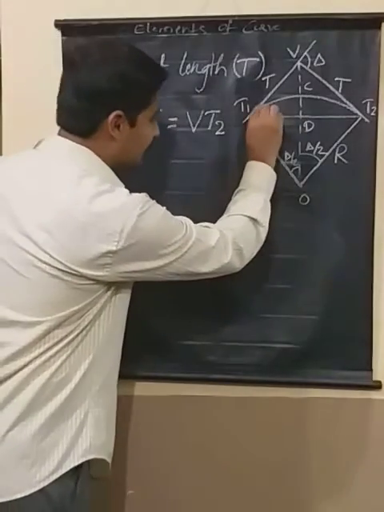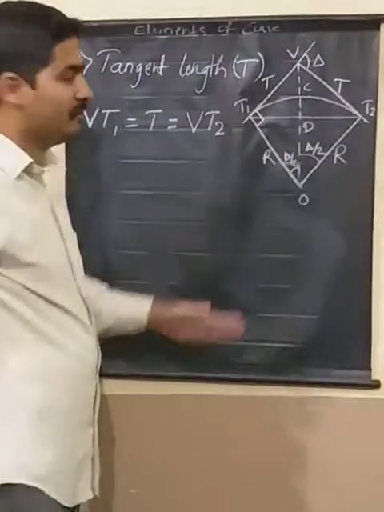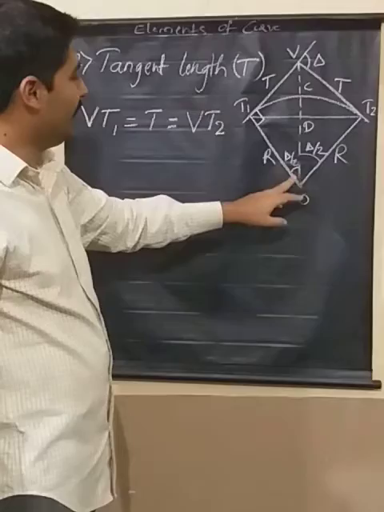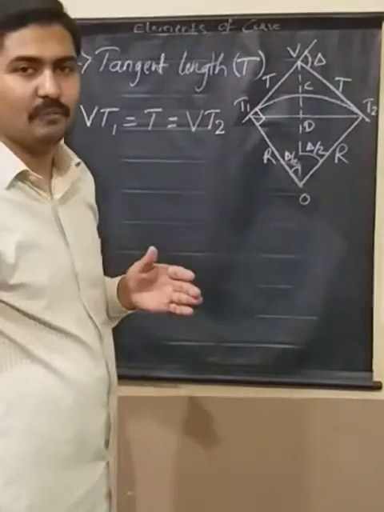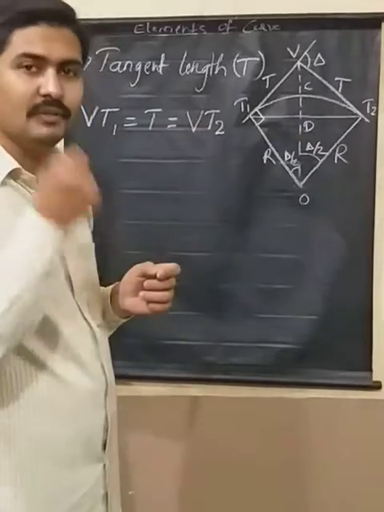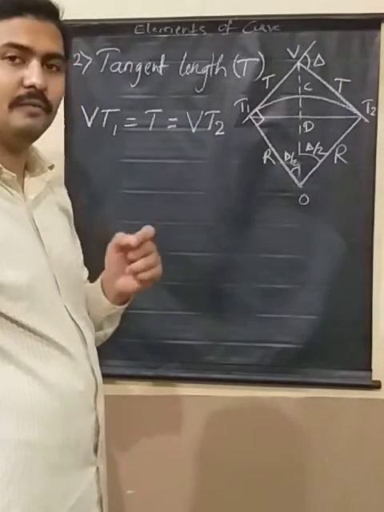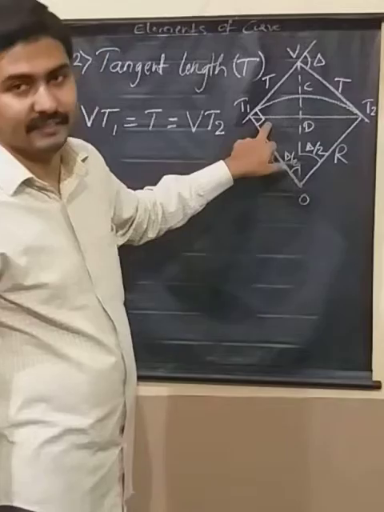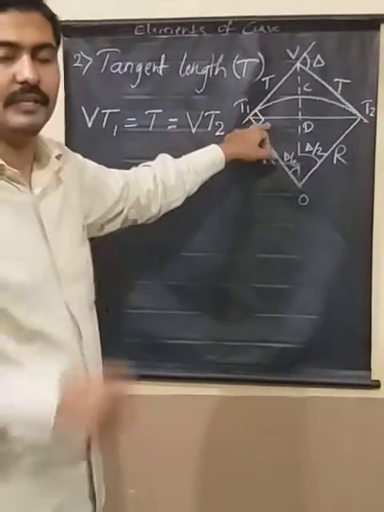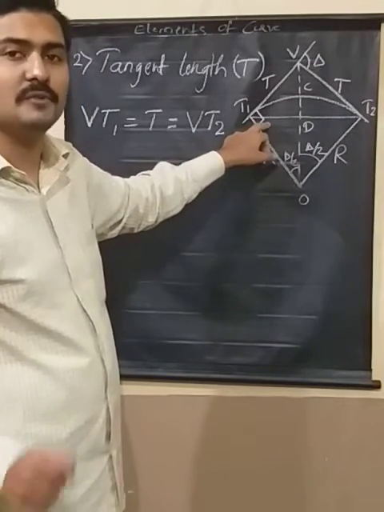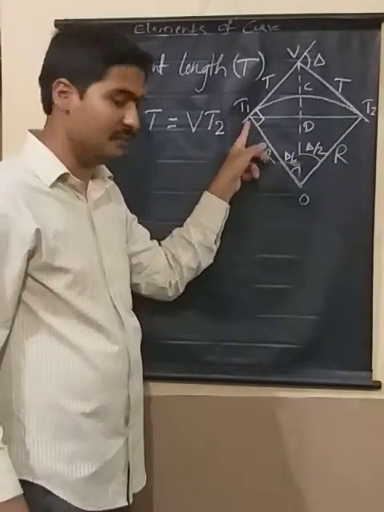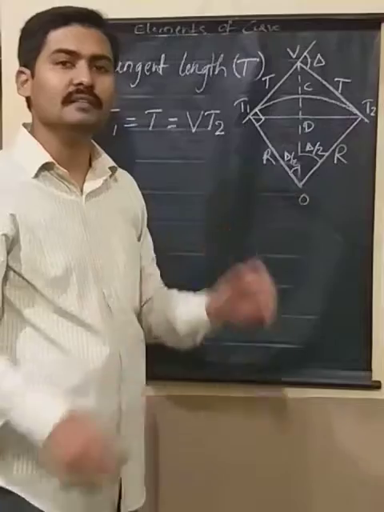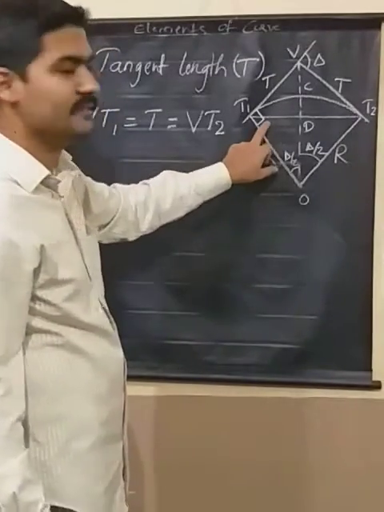And this angle will be 90 degrees because this is a tangent to the curve and this is the center. If you join the point of tangency to the center of the circle, you always end up having 90 degrees. This is what you have studied in your school days in theorems on circles, right? Whenever a point of tangency is joined to the center, you create a 90 degree angle there. So that is this 90 degree.